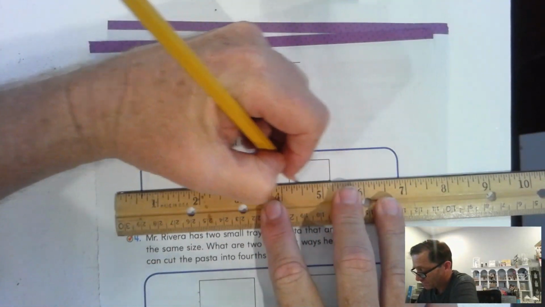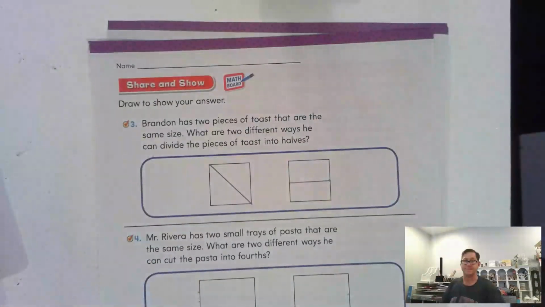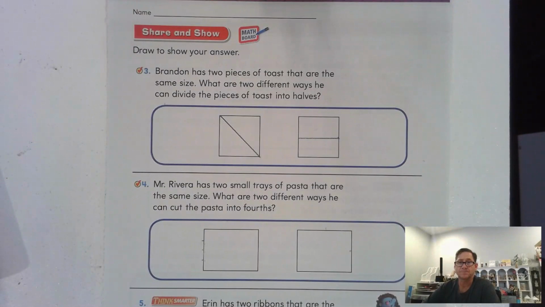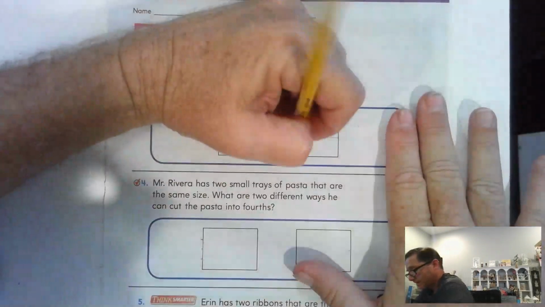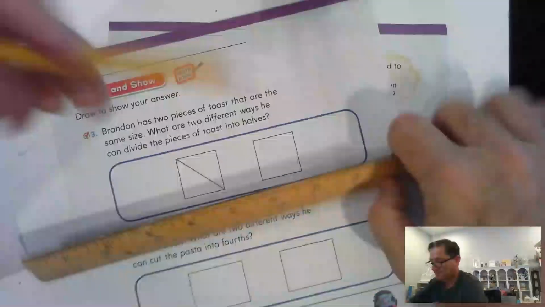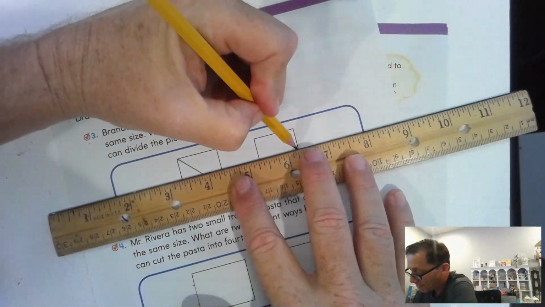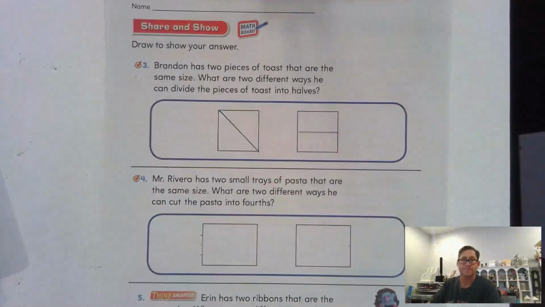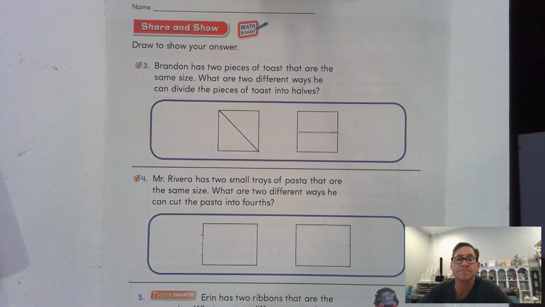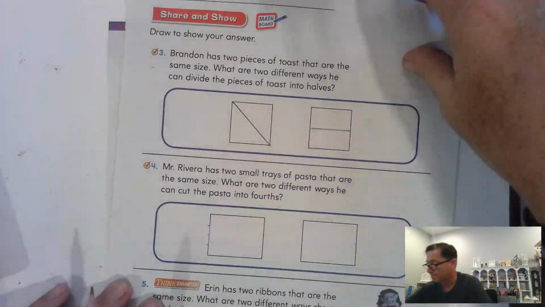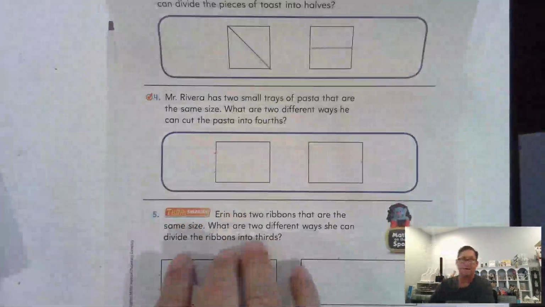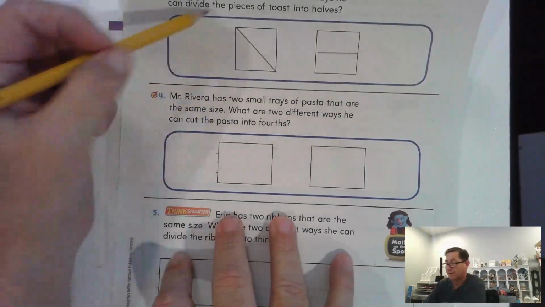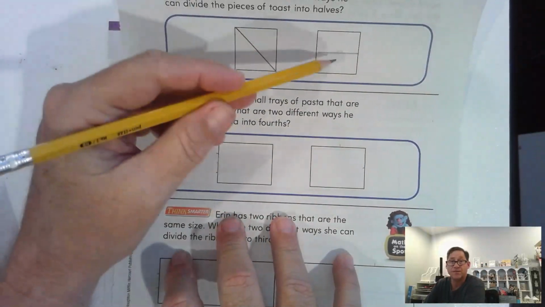And I might as well stick with the top and bottom idea. I think I want to go up a little higher. All right, number 4. Oh, halves. So we have to have two equal pieces, right?